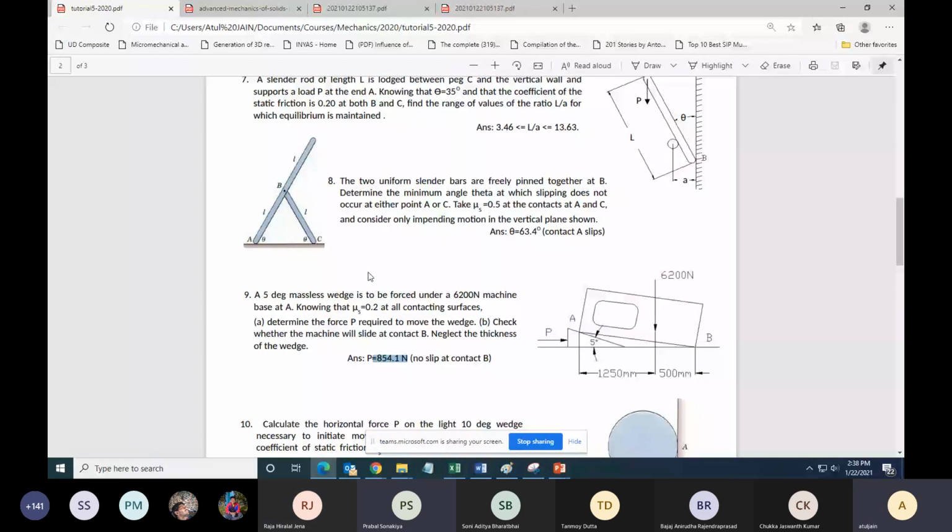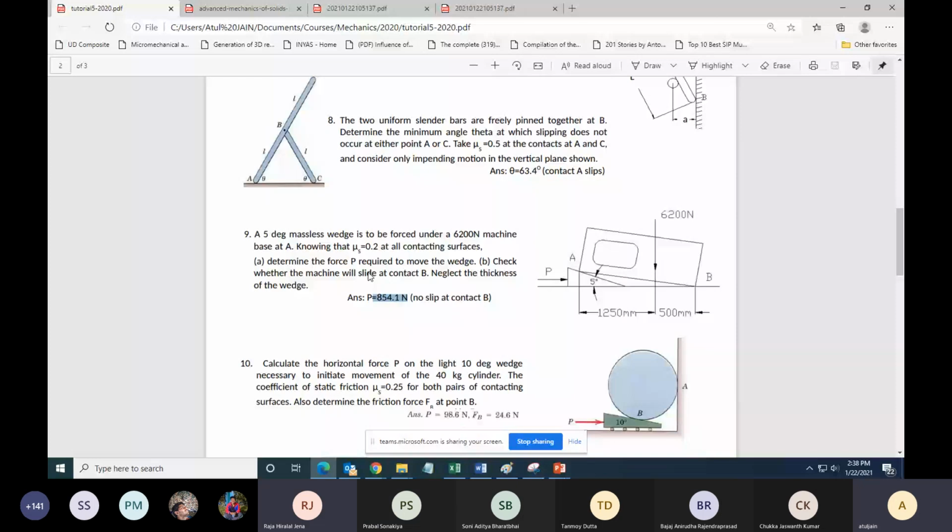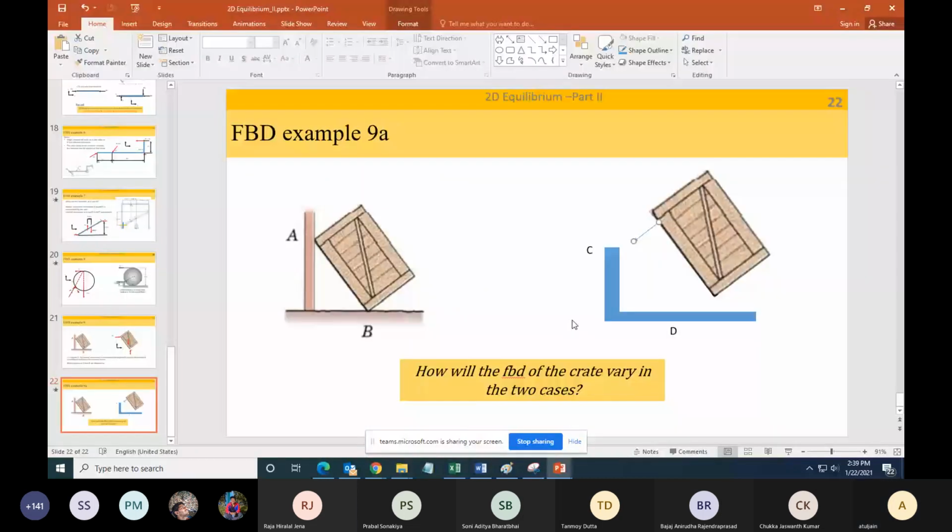But sir, there is friction? In this problem that we were discussing, there is no discussion about friction. This is a smooth surface. If there is friction, then it will depend on so many things, like the coefficient of friction. In 2D equilibrium, we were talking of situations without friction.